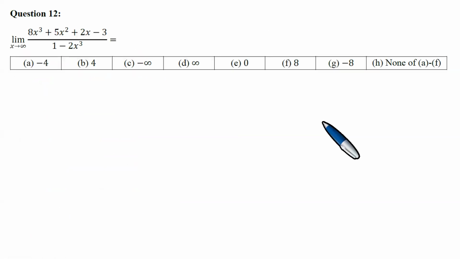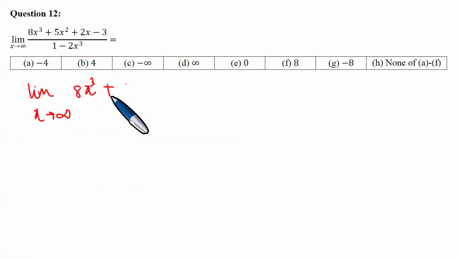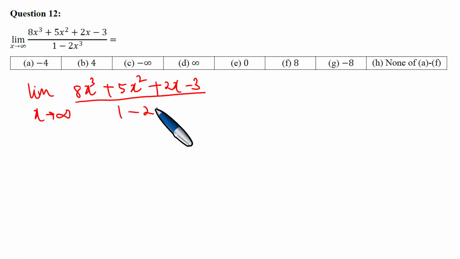Right, I'm giving you a minute to try this particular limit question. In this limit question, you have the limit as x approaches infinity of 8x cubed minus 5x squared plus 2x minus 3 over 1 minus 2x cubed. Now the question is, what is the correct answer to this?